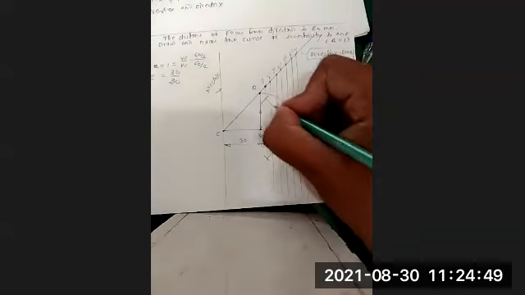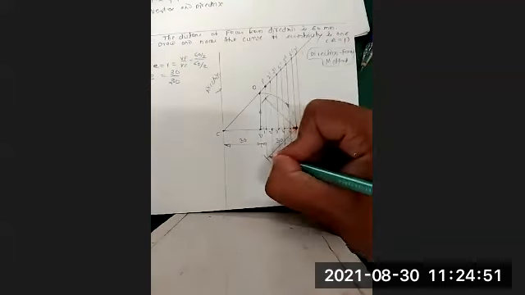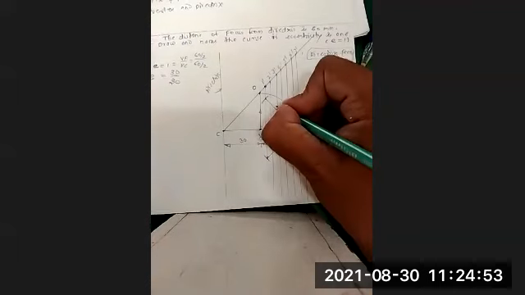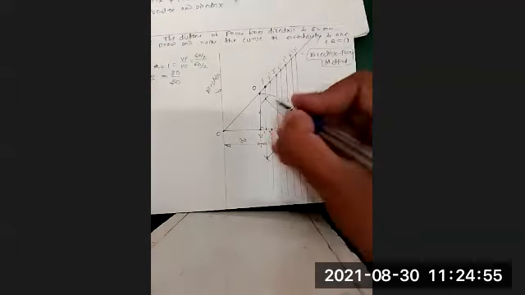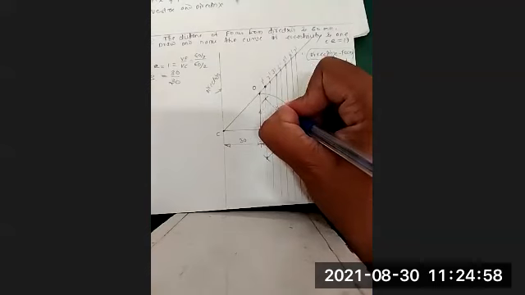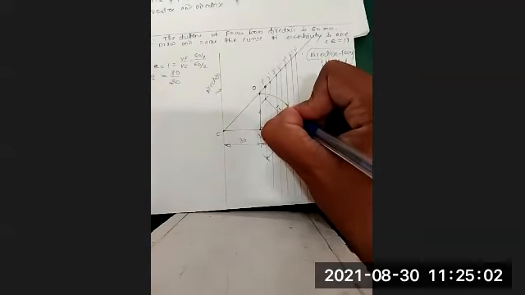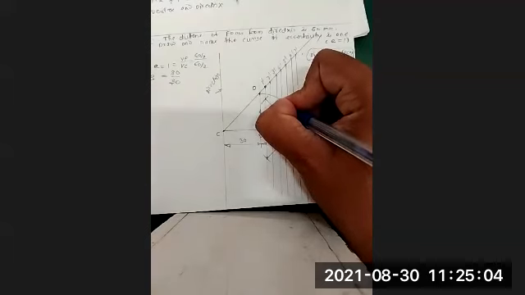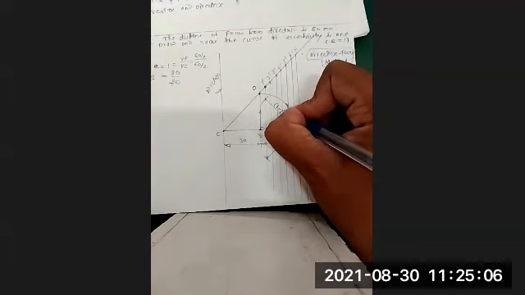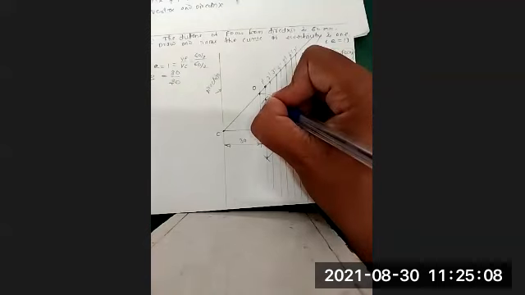Okay. See, this distance of arc is nothing but the distance 1 to 1 dash, right? Specifically, I am mentioning here, so there will not be any confusion.